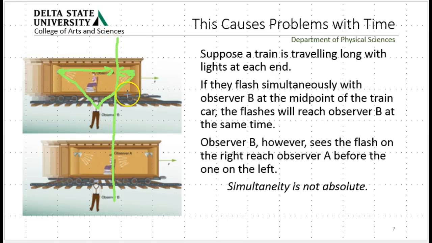So what really happens is the light hits the woman, as far as observer B is concerned, from the right before it hits the woman from the left. All right? So simultaneity is no longer absolute once you say the speed of light is independent of your reference frame.